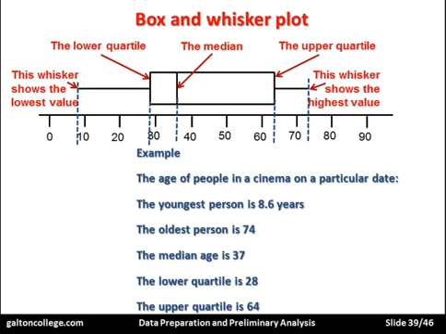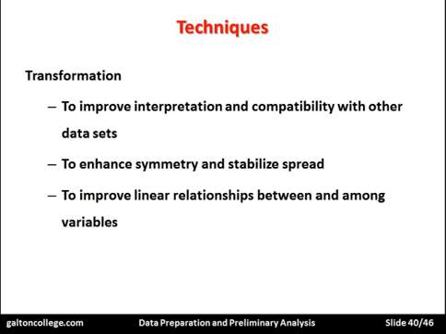Now, let's look at some techniques for analysis. One of the main techniques for analysis is the transformation of data. It's to improve interpretation and compatibility with other data sets. It's to make sure that the data fits other data sets and can be used easily. It transforms the data.